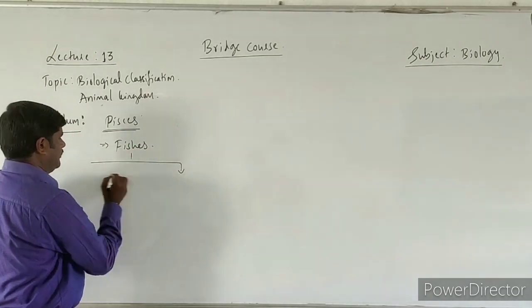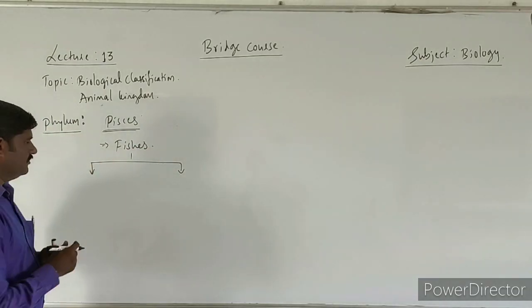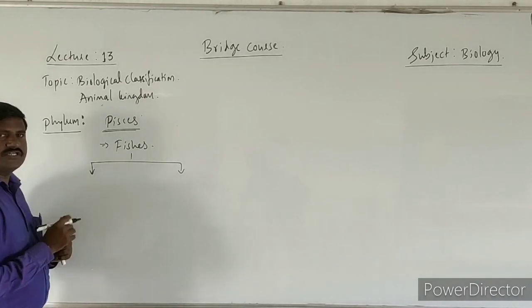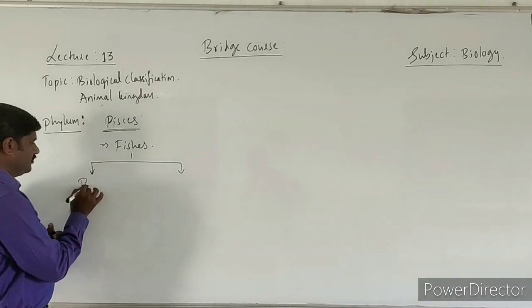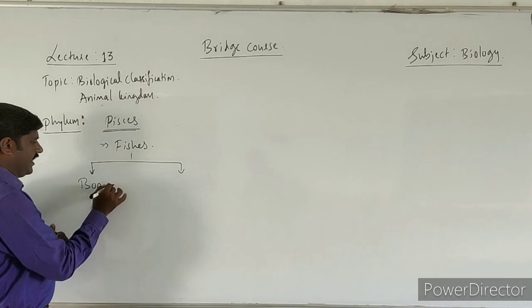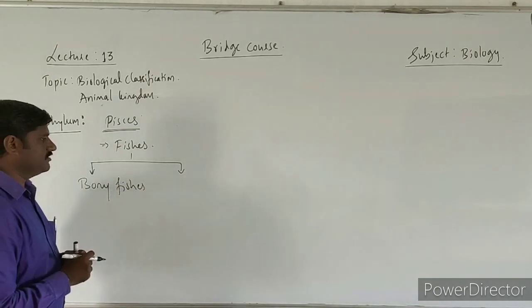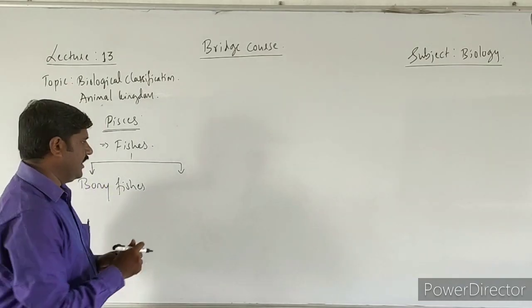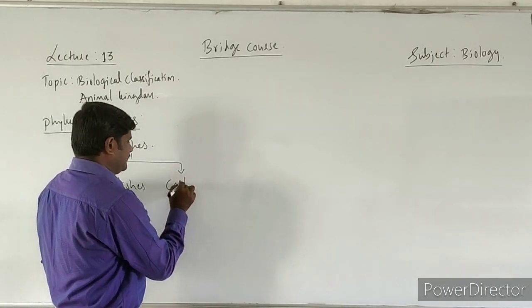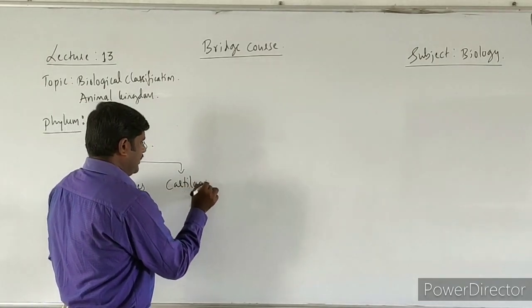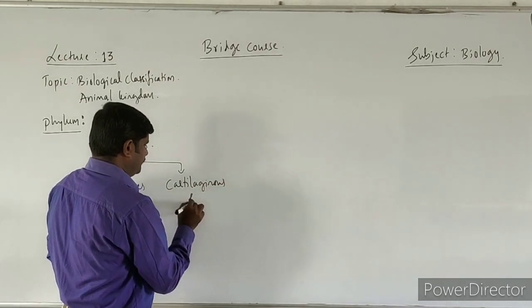Fishes are classified into two types. One is called osteichthyes. Osteichthyes are commonly known as bony fishes, and chondrichthyes are commonly known as cartilaginous fishes.